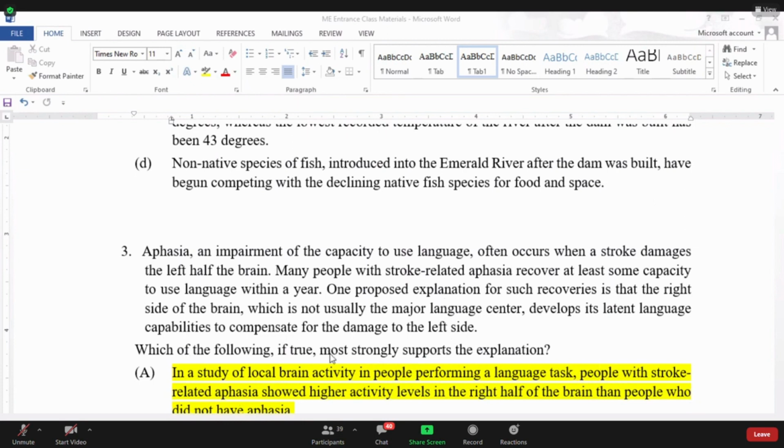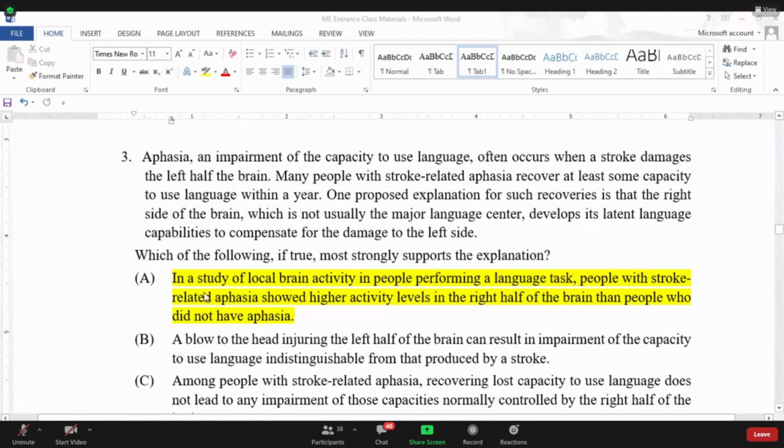Which of the following options most strongly supports the explanation? Which option talks about the same explanation? Look at option A: in a study of local brain activity in people performing a language task, people with stroke-related aphasia showed higher activity levels in the right half of the brain than people who do not have aphasia.